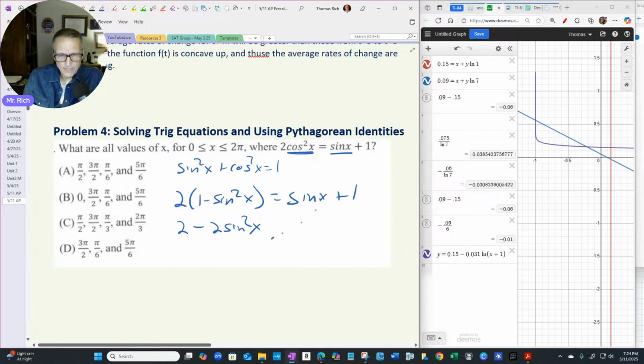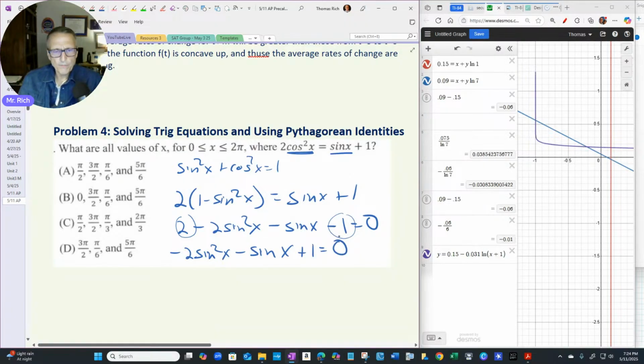At the same time, I'll go ahead and bring the sine x to the left, and bring the plus 1 over to the left, and it looks like this. Now I'm going to put this in descending order of power. So I'm going to put negative 2 sine squared x minus sine x, and then 2 minus 1 combines to be a positive 1. So this ends up being one that I'm going to factor into the product of two binomials, just as though it was a quadratic.